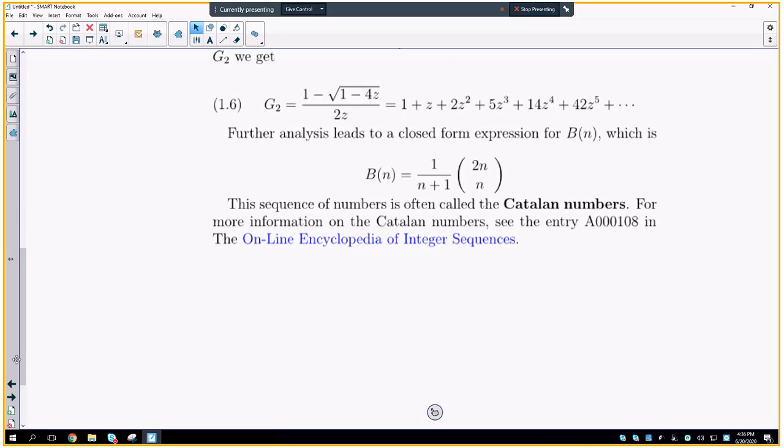For more information about Catalan numbers, see the entry A000108 in the Online Encyclopedia of Integer Sequences. So I'm going to stop lecturing there and show you related problems, not exactly depending on this formula, but related to discrete mathematics and binary tree structures. So let's talk about them.